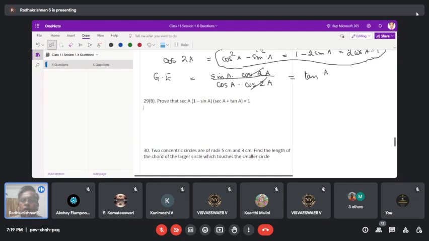So what is secant A into 1 minus sine A? We can put it as secant A minus secant A into sine A. Let's find what secant A into sine A is.